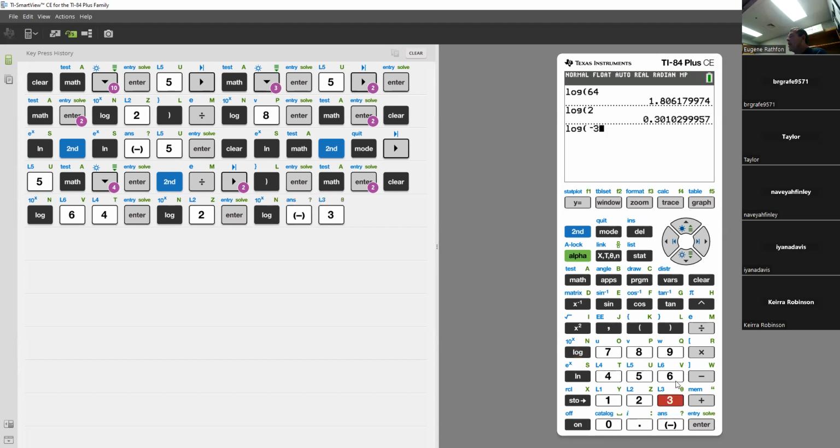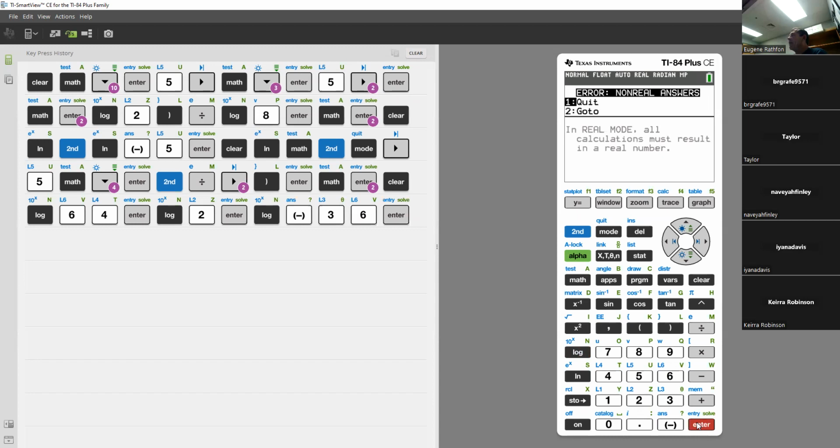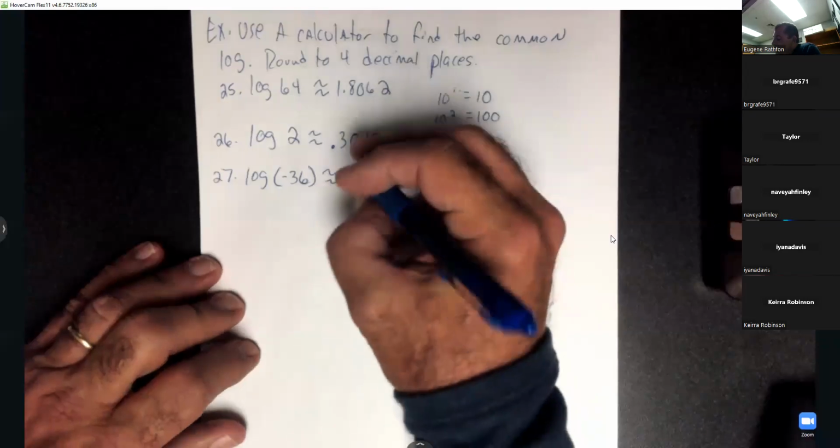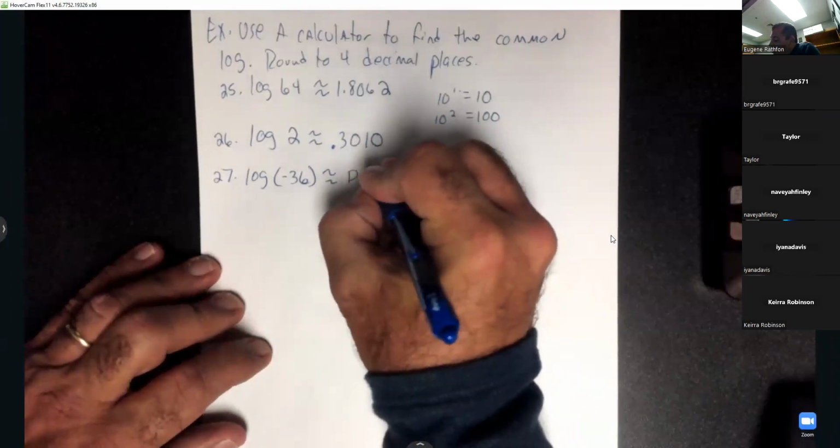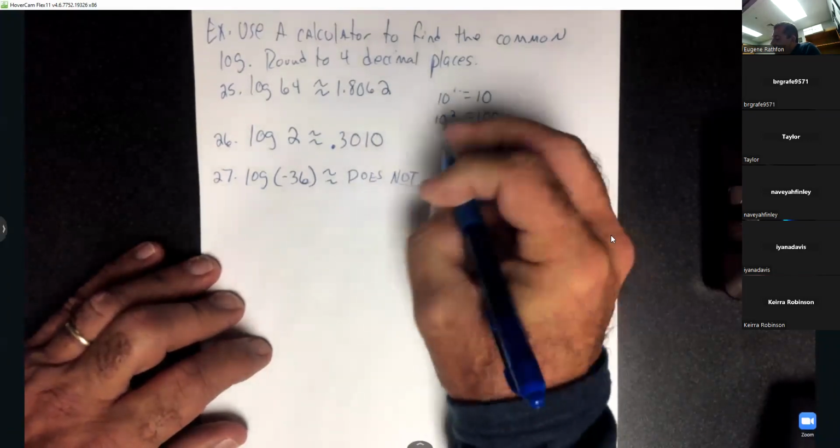So when I put in a negative number, non-real answers. So since there's not a real number answer for this, instead of undefined, y'all, MyMathLab will say this does not exist.